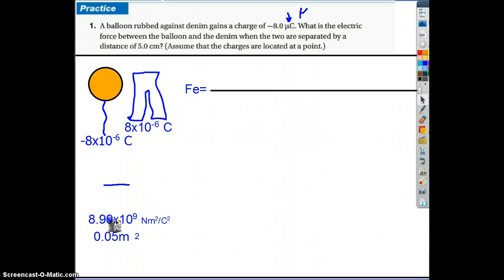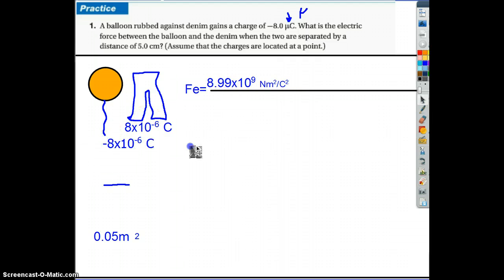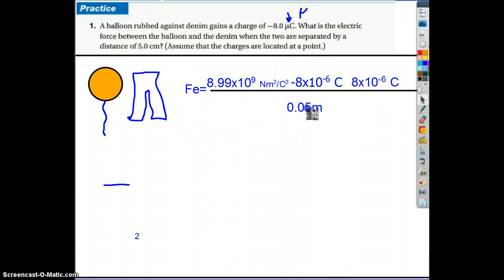Our equation, if you'll remember, is Coulomb's constant times charge 1 times charge 2 divided by the distance squared. Now, notice from the problem, it says 5 centimeters. We will always use meters in our calculations.